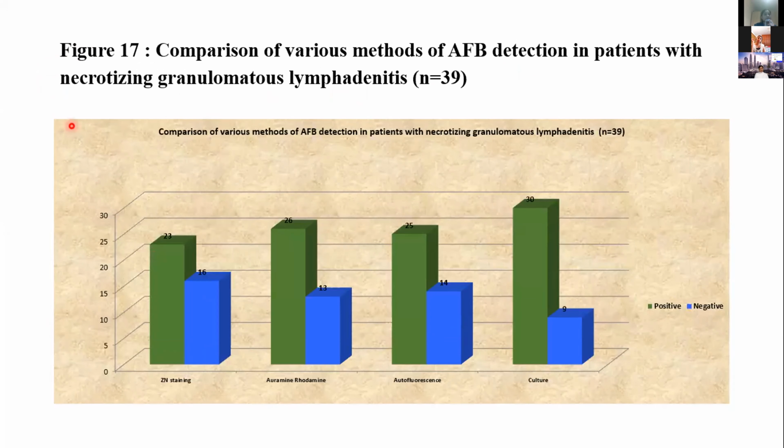In case of necrotizing granulomatous lymphadenitis, which is the most common cytomorphological pattern, auramine rhodamine was found to be more sensitive, followed by autofluorescence, followed by Zn staining, but still the specificity was highest with Ziehl-Neelsen staining.